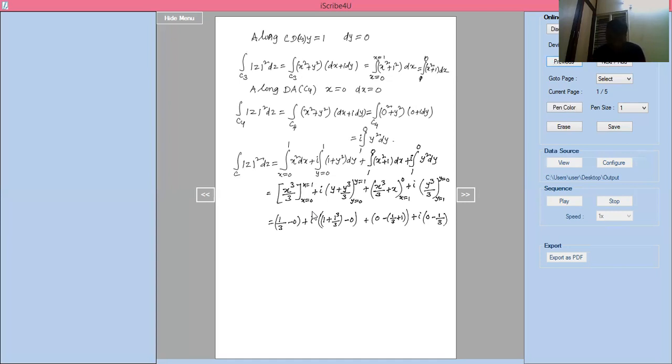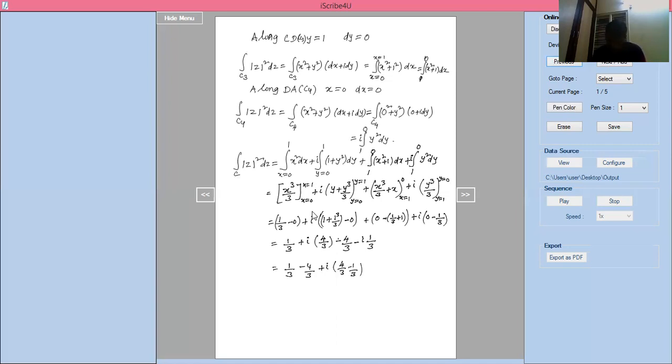Now 1 by 3 minus 0 is nothing but 1 by 3, plus i into 1 plus 1 by 3, which is 4 by 3. The next one is minus 4 by 3 minus i into 1 by 3. If I simplify this, I get 1 by 3 minus 4 by 3 plus i into 4 by 3 minus 1 by 3.